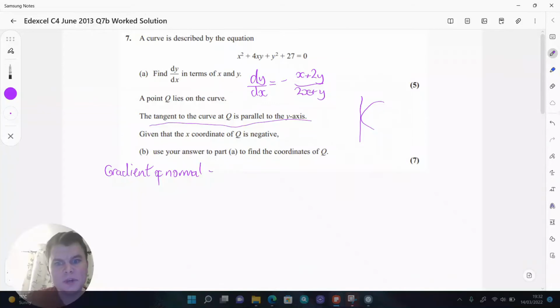And that is going to be 2x plus y over x plus 2y. So as I said before, because this particular normal is parallel to the x-axis, it's going to have a gradient of 0. So we can make this equation now equal 0.